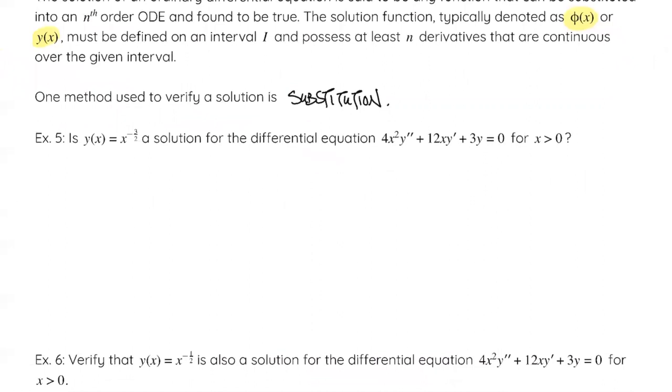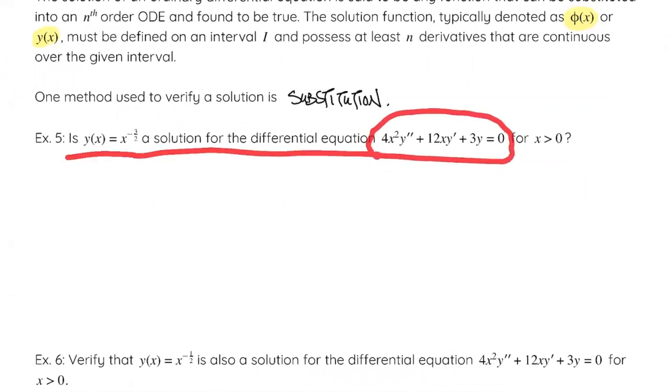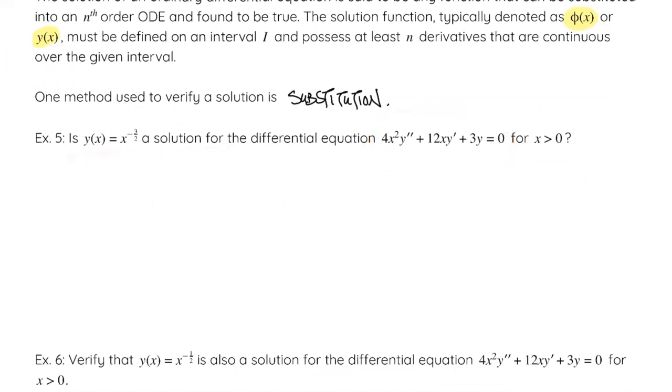And so in this case, in example 5, the question is: is y of x equals x to the negative 3/2 a solution for the differential equation given here? Okay. So here's what we're going to do. If we are going to verify the solution, we need to be able to plug things into the left-hand side of this equation. And when we simplify it, we should get 0.